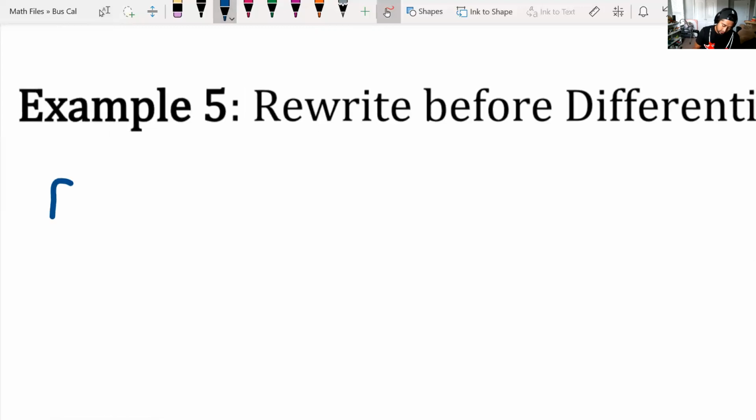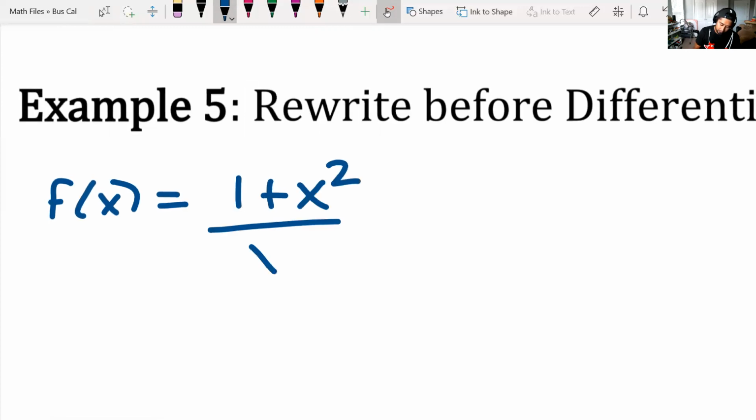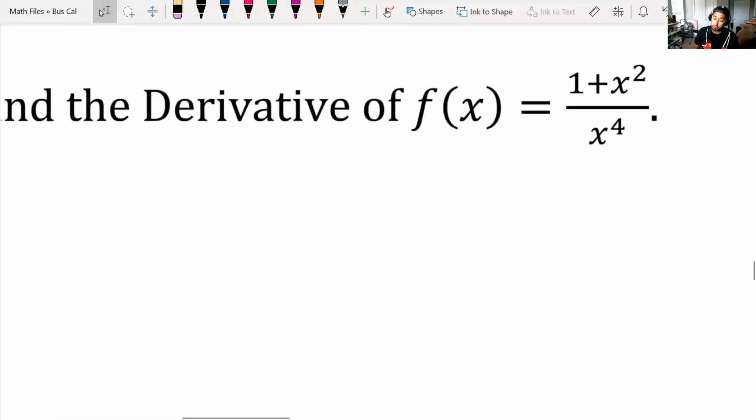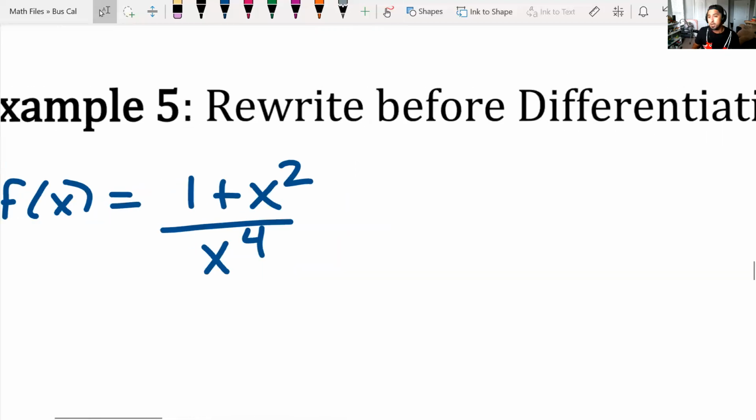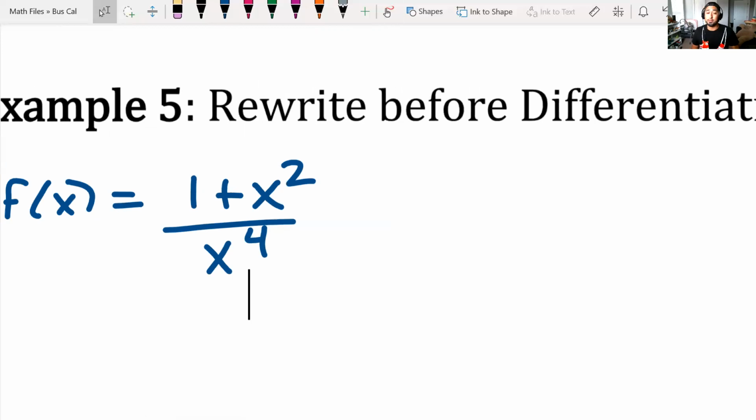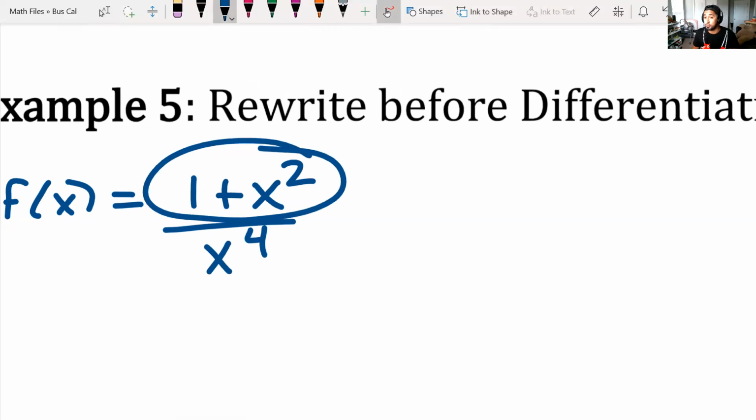So with that being said, let's look at the function. f of x equaled 1 plus x squared over x to the fourth, right? So how do we rewrite this algebraically? Well, first thing we have to do is break up the fraction. We see that in the numerator there are two terms over the same denominator, which means you can break the fraction into those multiple terms.